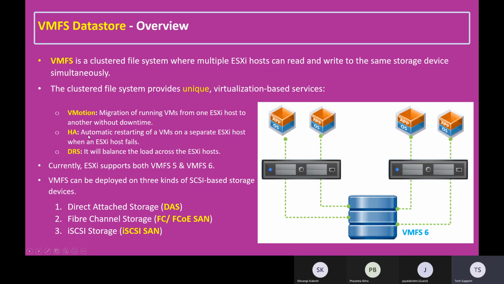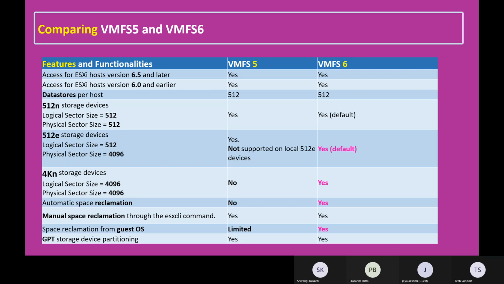Now we are going to observe the differences between VMFS 5 and VMFS 6. It will cover our VMFS data store features and functionalities. When comparing VMFS 5 and 6, I just highlighted the main differences in a different color.